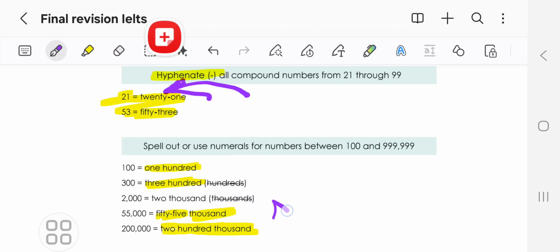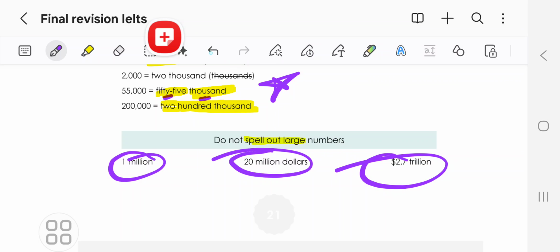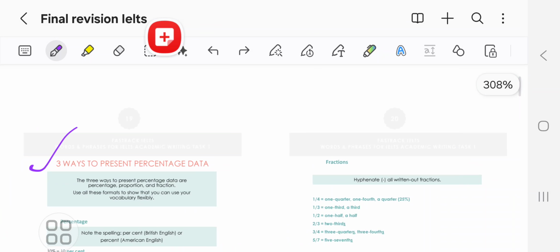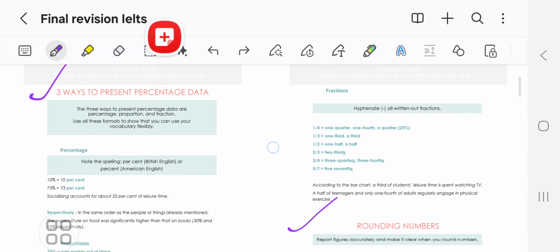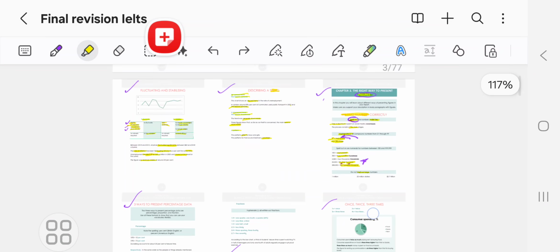So you are using hyphens and spelling out the number both together. Let's remember, do not spell out large numbers. That is also another thing. Do not spell out: 1 million is fine, 2 million is fine, 2.7 million is fine. Just remember that. And now we move to 3 ways to present the data. So now we are going to talk about different ways to present the data. We have covered the other part already.